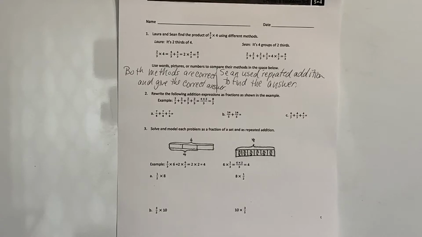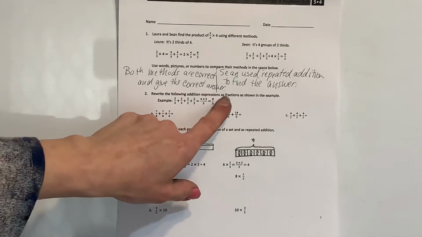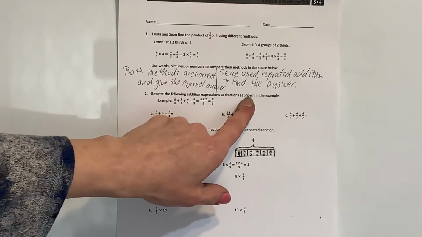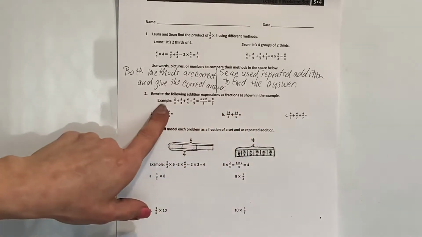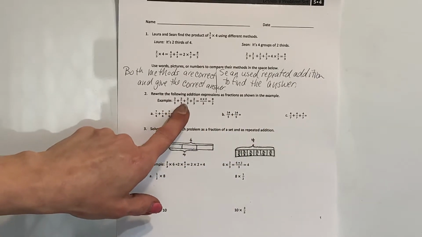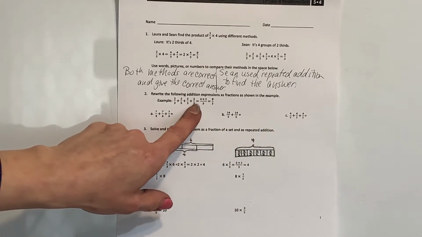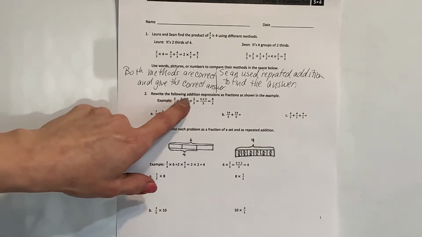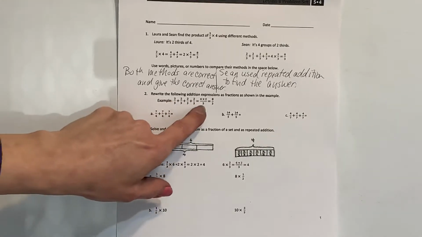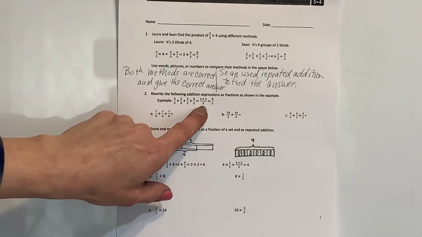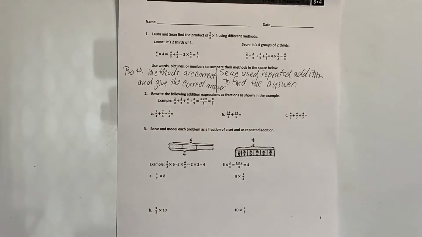All right, so for number 2, it says, rewrite the following addition expressions as fractions as shown in the example. So we've got the example 2/3 plus 2/3 plus 2/3 plus 2/3. So that gives us 4 2's and then the thirds. 4 times 2 over thirds equals 8/3. So they want us to rewrite these.